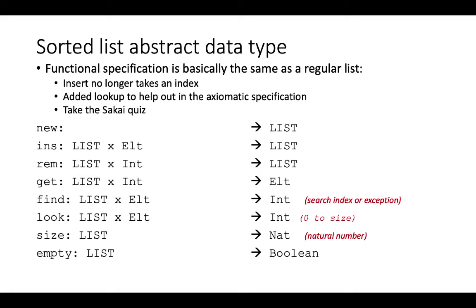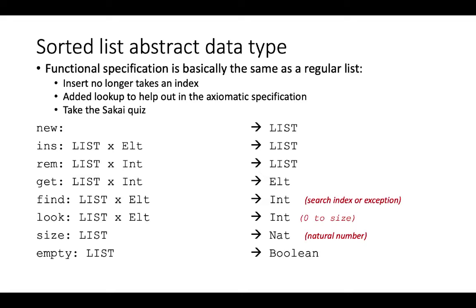Same thing for sorted list. We need new to create one, and we need add to add the elements to a sorted list. The nice thing is that it's even better than list. We don't even have to add the elements in a particular order, because as long as we add all the same elements, a sorted list will end up being exactly the same no matter what order we add them in.